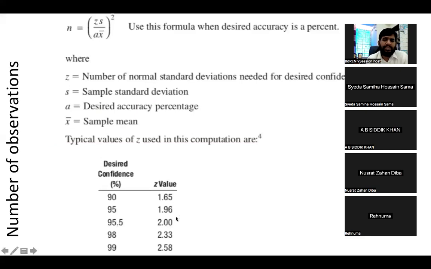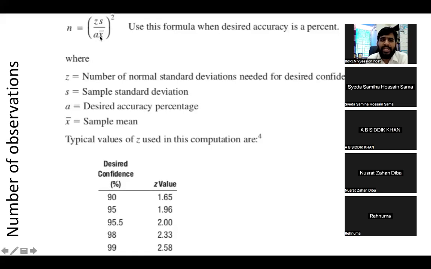If you are 95.5% confident, the Z value will be 2, and S means standard error, that you have taken 5 observations and there is a standard error. This error you will use here, and then A means your expectation, expected error in average.